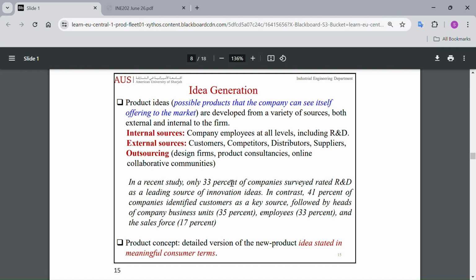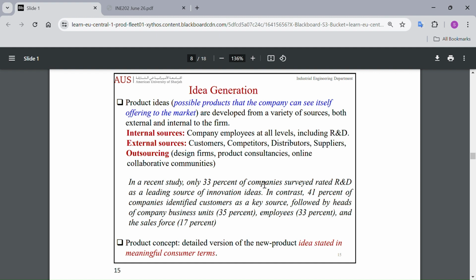In a recent study, only 33% of companies surveyed rated R&D as a leading source of innovation ideas. In contrast, 40% of companies identified customers as a key source, and the customer is the key source, of course, because he's the one who's gonna buy. R&D are working; this is their job.